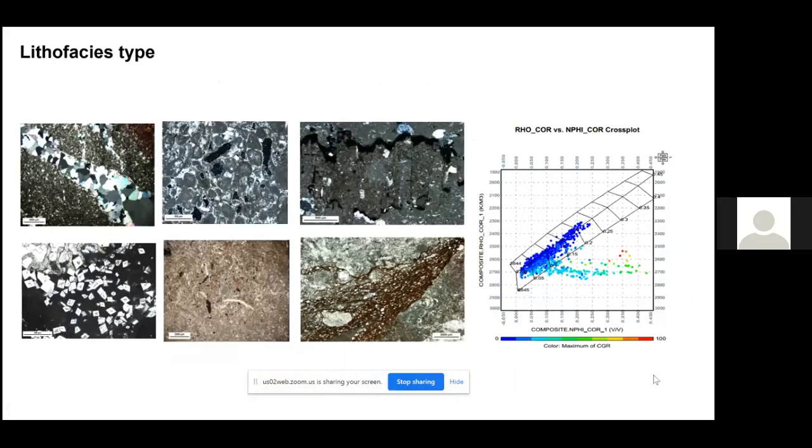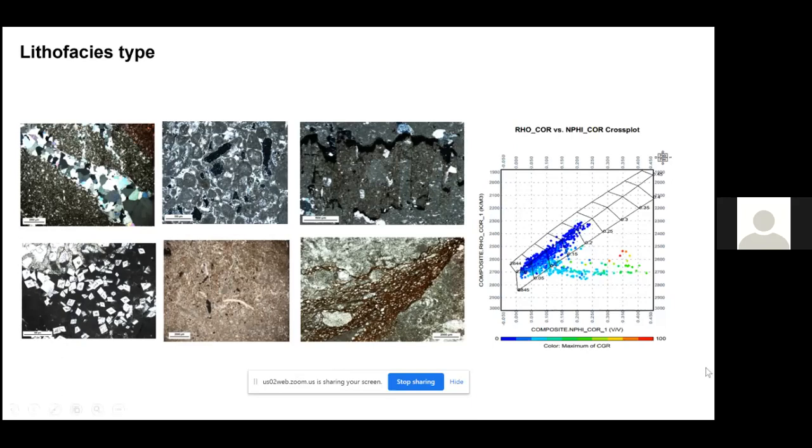Regarding facies, I studied the lithofacies for this reservoir according to thin sections prepared by cutting cores.